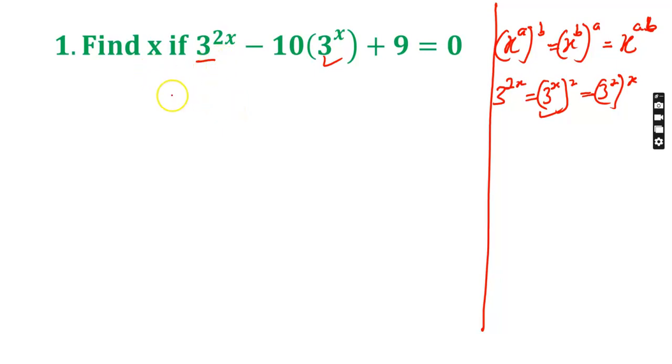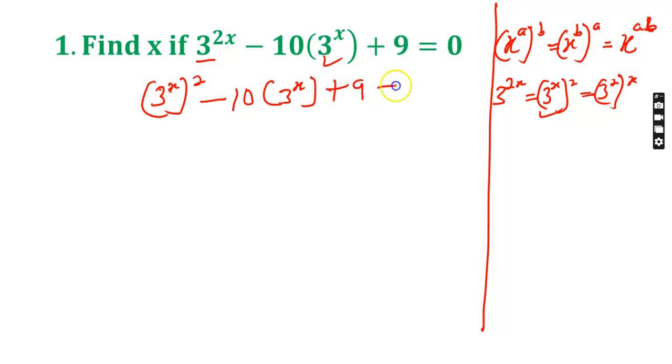So 3 raised to power 2x will change to 3 raised to power x, all squared, minus 10 bracket 3 raised to power x plus 9 is equals to 0. Now what do you observe here? You observe that there's 3 raised to power x here and there's 3 raised to power x here.